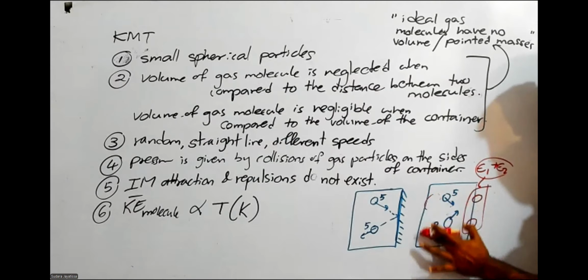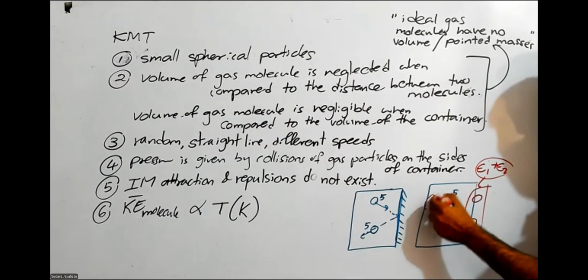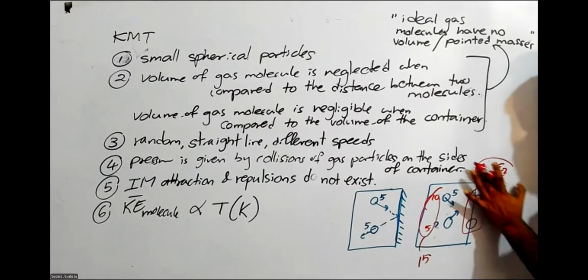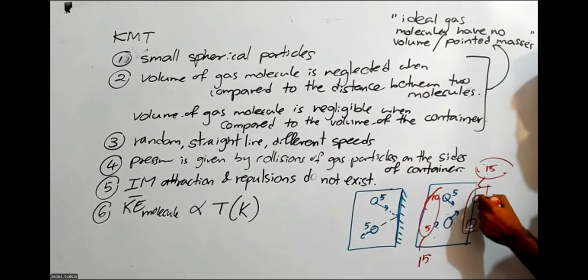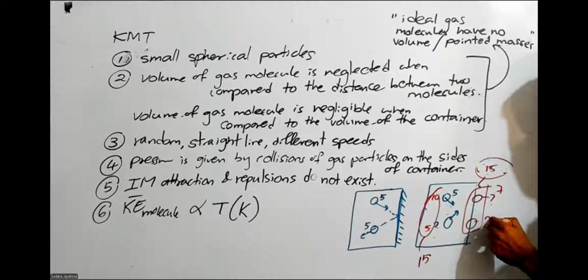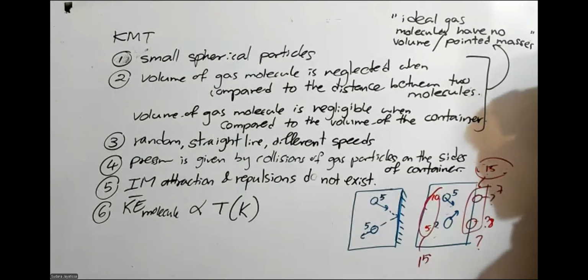Let's say instead of E1 and E2, this is 10 and 5. So total energy is 15. After the collision also, the total will be 15, but these two will have different values. Maybe 7 and 8, like that. We don't know it. Understood?